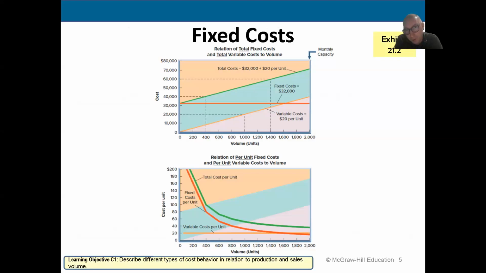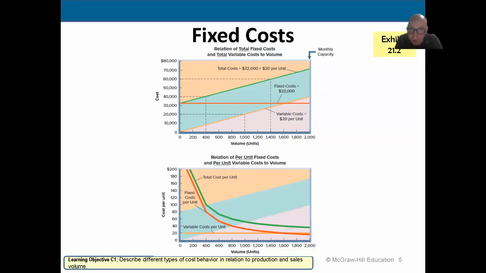Fixed costs represent costs that do not change regardless of the level of output. This would include things like rent, supervisors' salaries, depreciation, etc. They're costs that do not change regardless of the level of output.